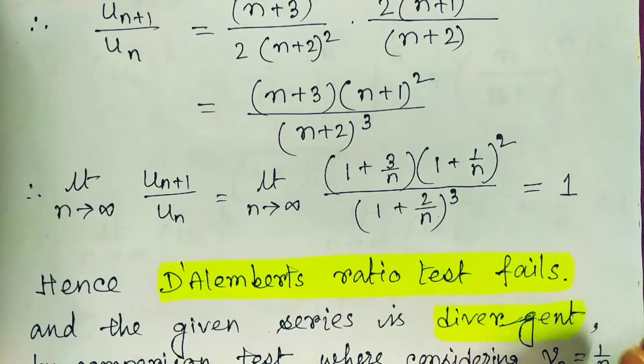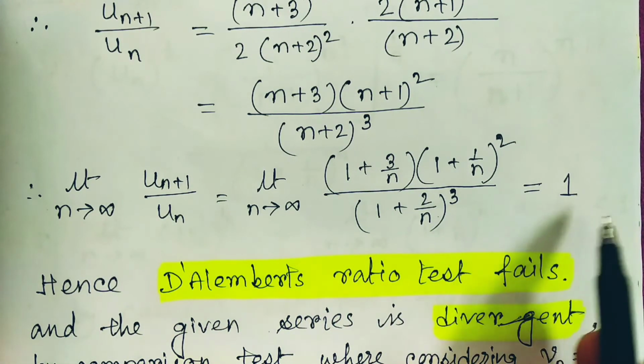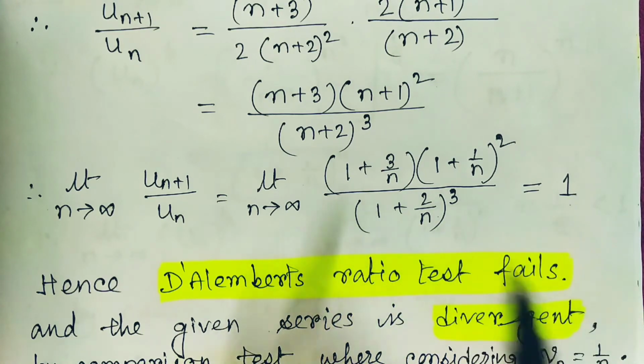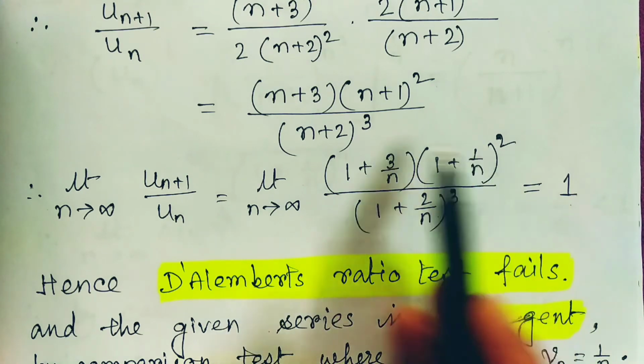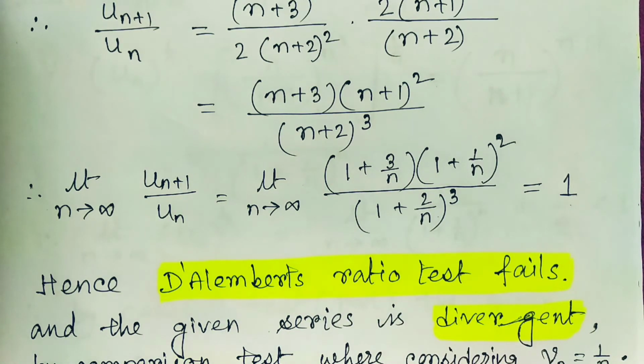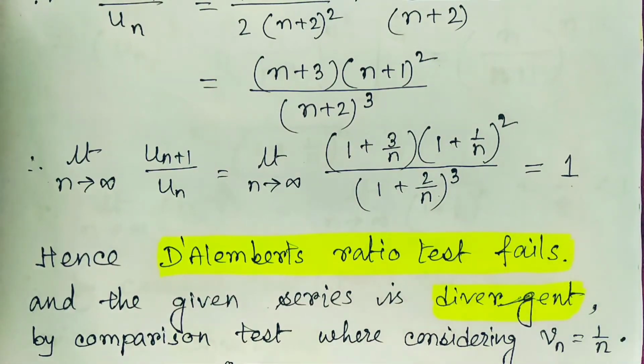So D'Alembert's ratio test fails because it just gives the limiting value and does not concentrate on the magnitude of this function. That's why we can't conclude from D'Alembert's ratio test, but using the comparison test we conclude the nature of this series.